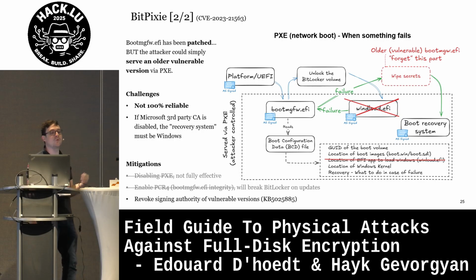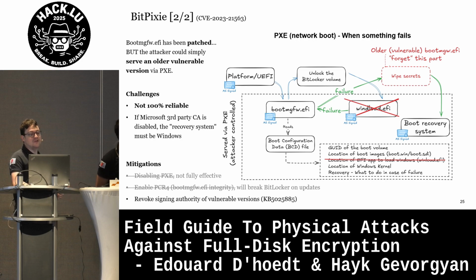The problem is all the vulnerable boot managers forget this part. It's patched now, except that the boot manager is under the control of the attacker, so nothing prevents you from loading or pushing an older version that is vulnerable. The mitigation against that, the only really effective one, is to revoke the signing authority that signed those older boot managers.